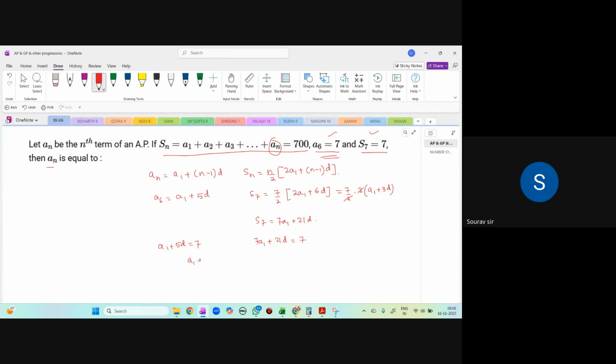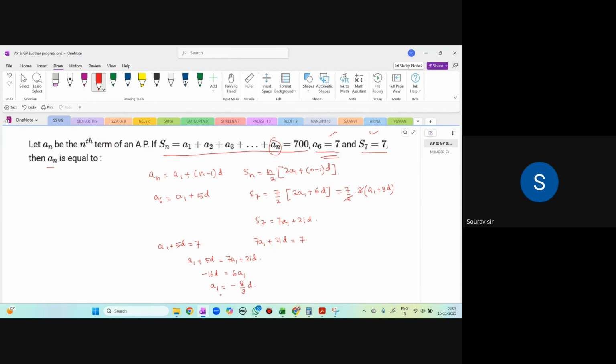So A1 plus 5D is 7A1 plus 21D, which means 5D minus 21D is minus 16D equals 6A1. So A1 is minus 8 by 3 D.